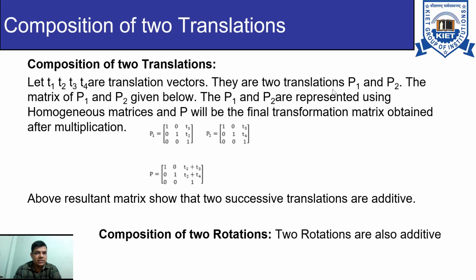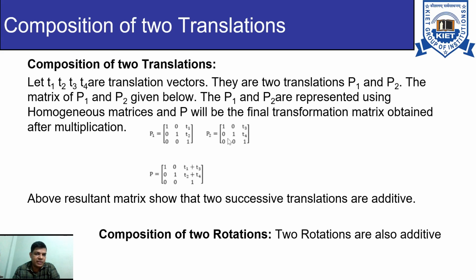There are two translations P1 and P2, whose matrices are given below. P1 and P2 are represented using homogeneous matrices, and P will be the final transformation matrix obtained after multiplication. Initially we translate the object with the values T1 and T2, and the second time we translate the object with the values T3 and T4.